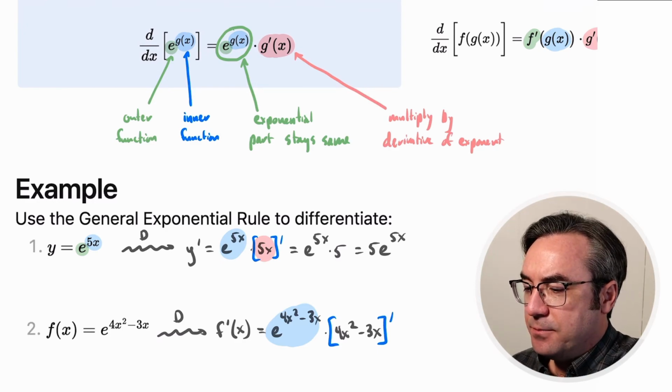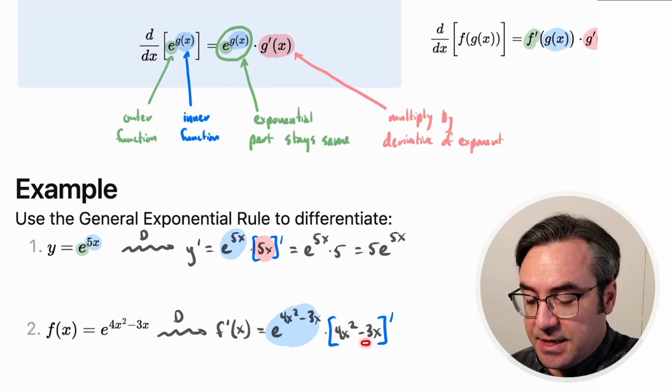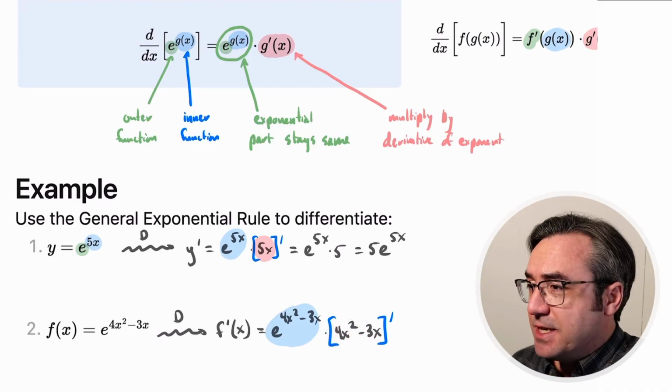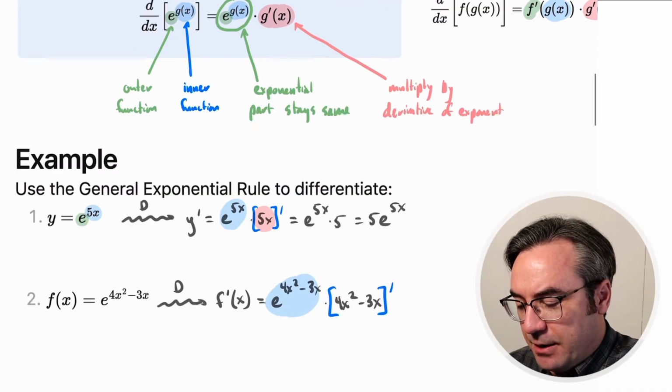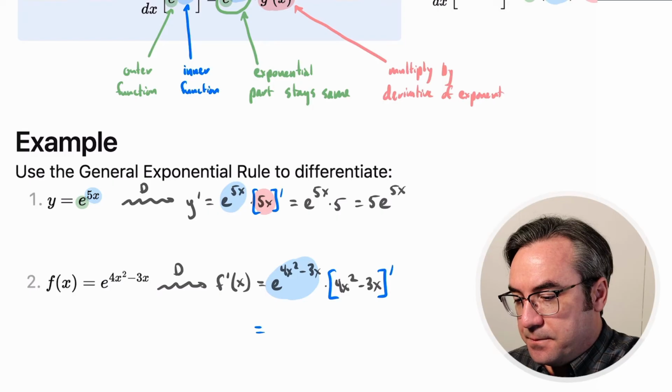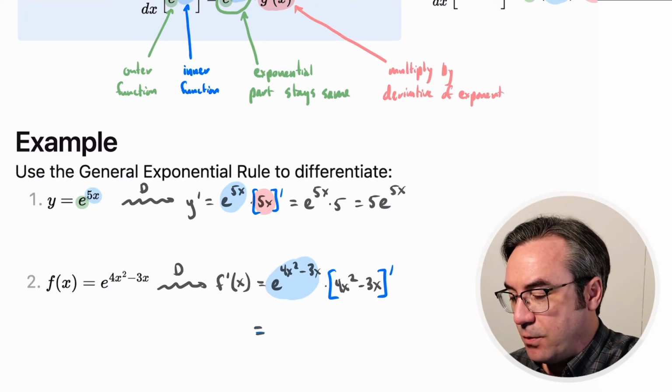All right, so we have to do our derivative here. What's the derivative of 4x squared? Well, that's just 8x. Derivative of negative 3x is negative 3. And because we've got a few terms here, let's write it out. We just have to remember the parentheses. Whoops, not 4.